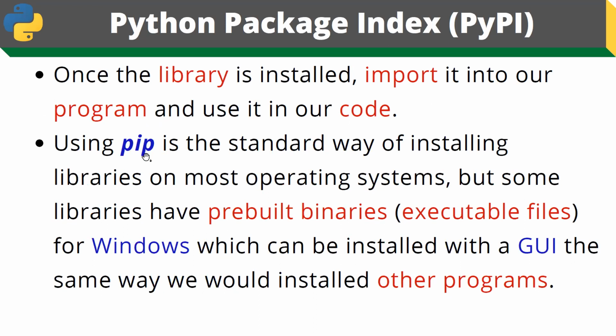Using pip is the standard way of installing libraries on most operating systems. But for some libraries we have pre-built binaries, like executable files for Windows, which can be installed with a GUI the same way we would install other programs. So that is about the Python Package Index.